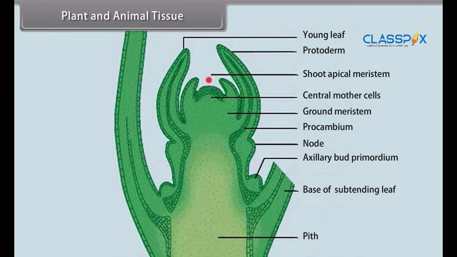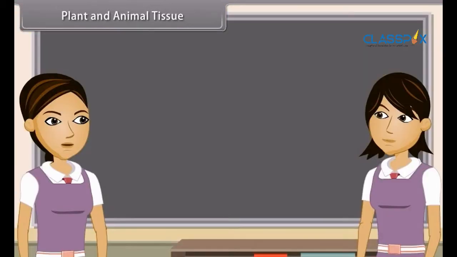The growth in plants is limited to some regions. There are some tissues in plants that divide. Yes, Madhuri, but in animals, the growth is not restricted to some places. It is uniform growth. In animals, the structural organization of organ systems is more specified and localized.